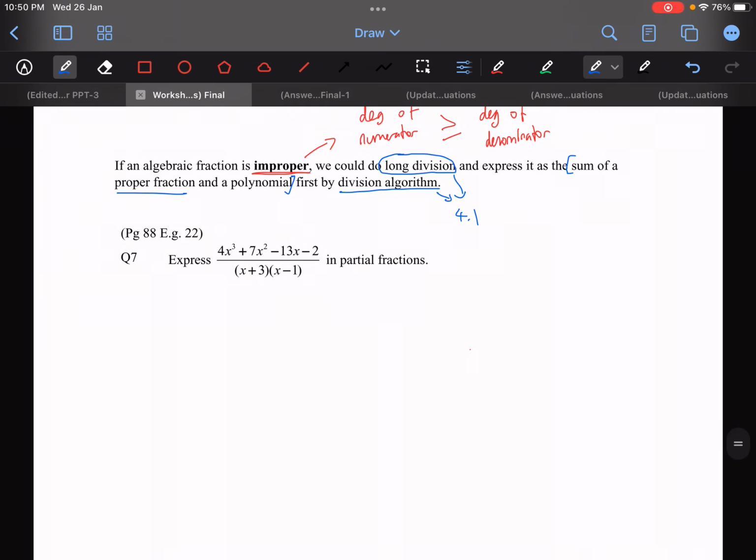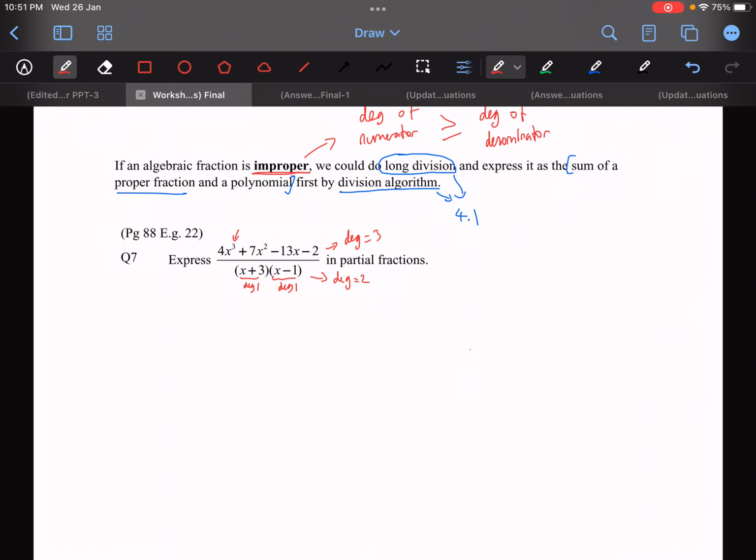So we see that this one is degree 3 because of the cube. For this one, if this is degree 1 and this is degree 1, overall is degree 2. So we know that the degree of the numerator is larger than the degree of the denominator.